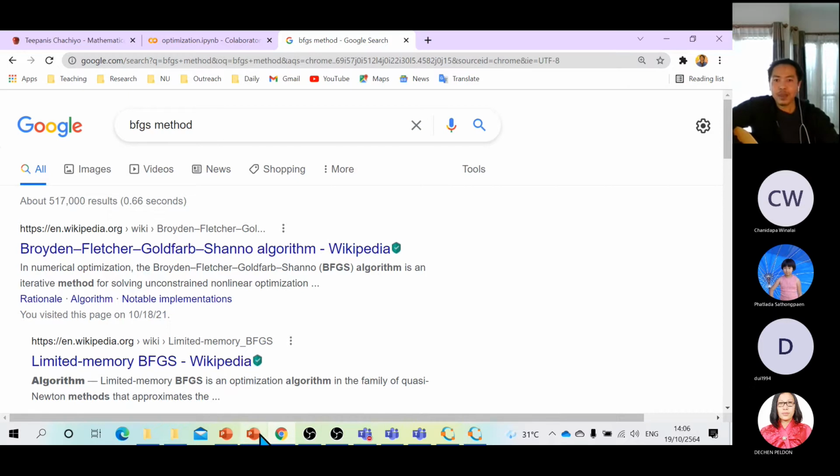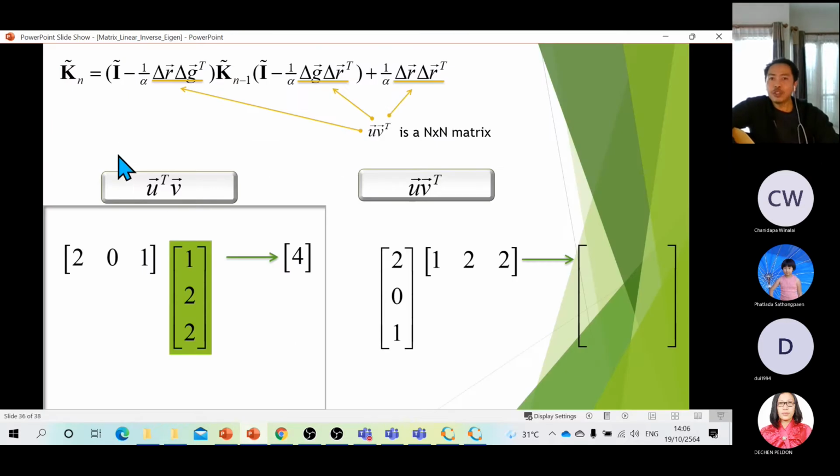Okay. Now, this is what their formula looks like. We have some previous iteration of the K matrix, and you do this and you get the next cycle of the inverse Hessian, or the K matrix. Now to do this calculation, you have a bunch of matrices.